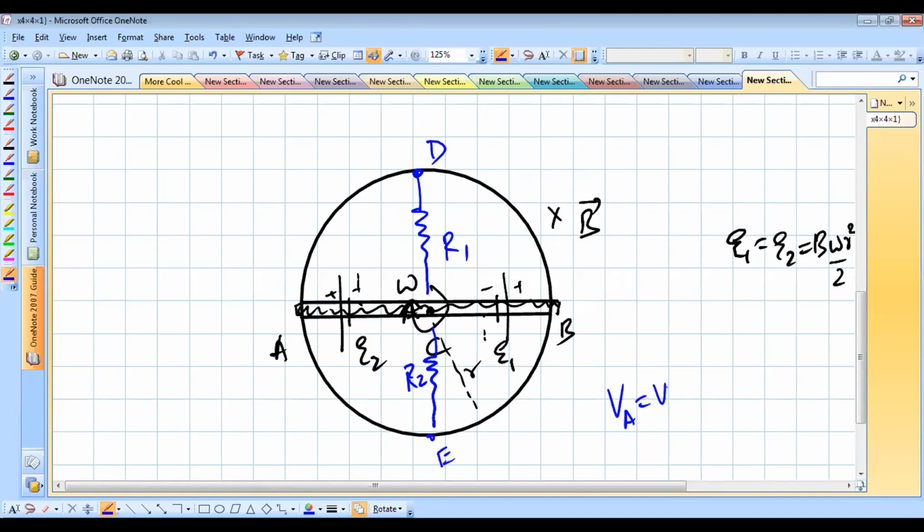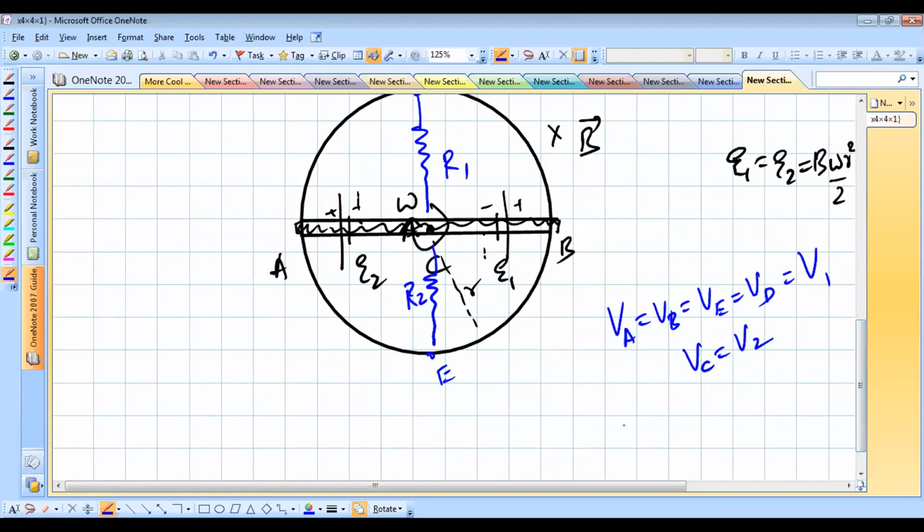A equals B equals E equals D, at some potential V1, and the potential of the center is some V2. So V1 minus V2 is equal to this EMF, B omega r square by 2. So each of the resistances has that much voltage across it.